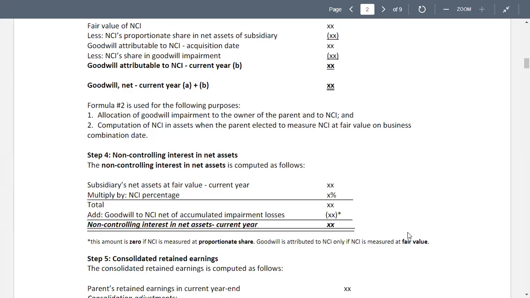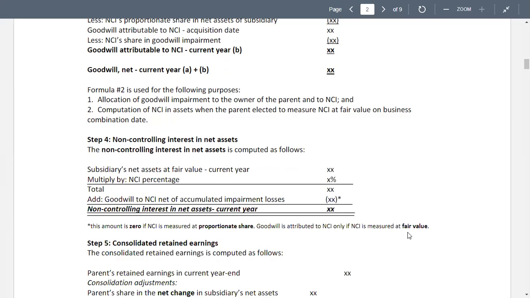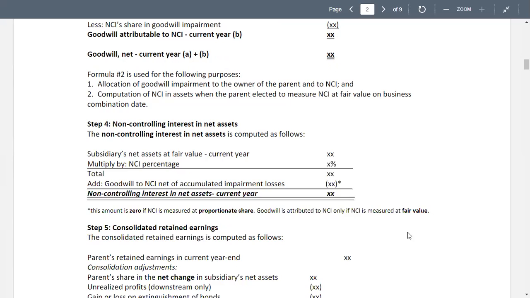Now, in step number 5, consolidated retained earnings is computed as follows. So we have now your parent's retained earnings in current year end. To the parent's retained earnings in current year end, we have now the consolidation adjustments.